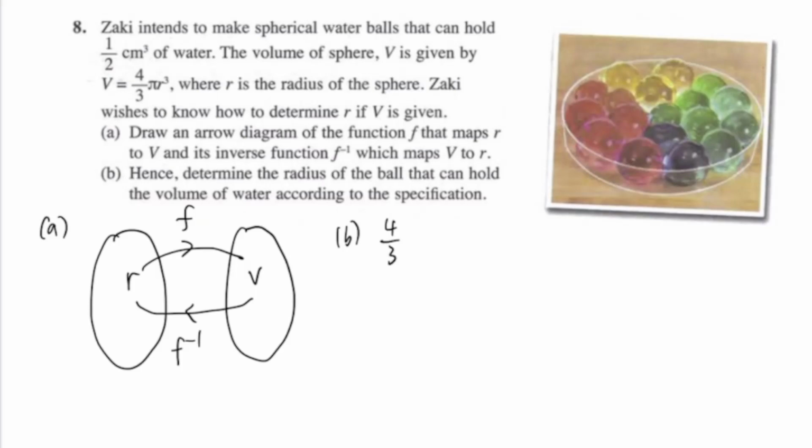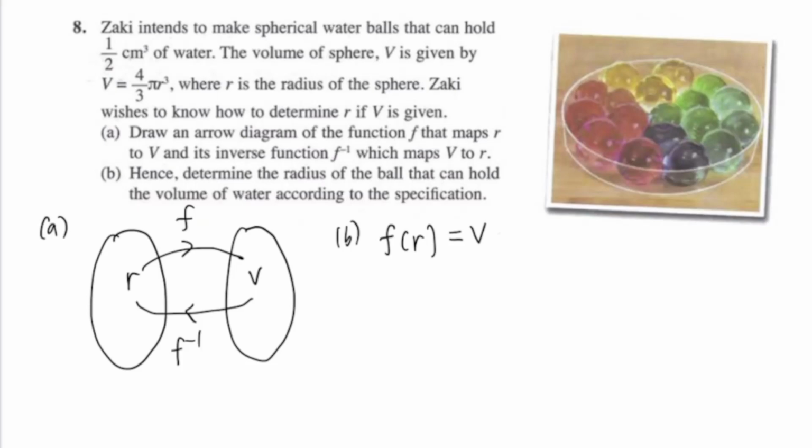4 over 3 pi r cubed is now your V. Okay, now what is the V that you want? You want half, correct? If you want to write in the function notation, we can say that your function f of r is now V, right?